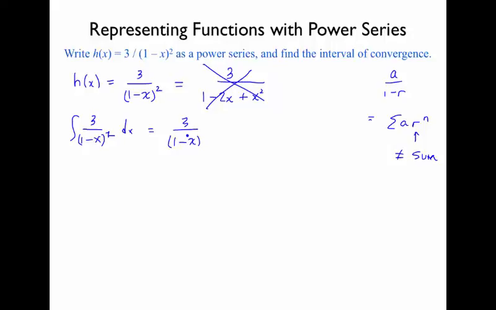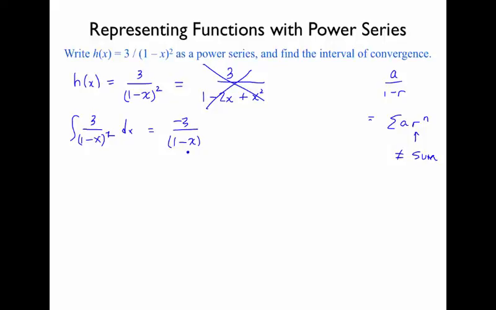Is this the antiderivative of this, or do we have a mess to clean up here? If you were to take the derivative of this, would you get exactly this? No. Because of the negative, right? If you do the chain rule, you also have times -1. So we need a negative.